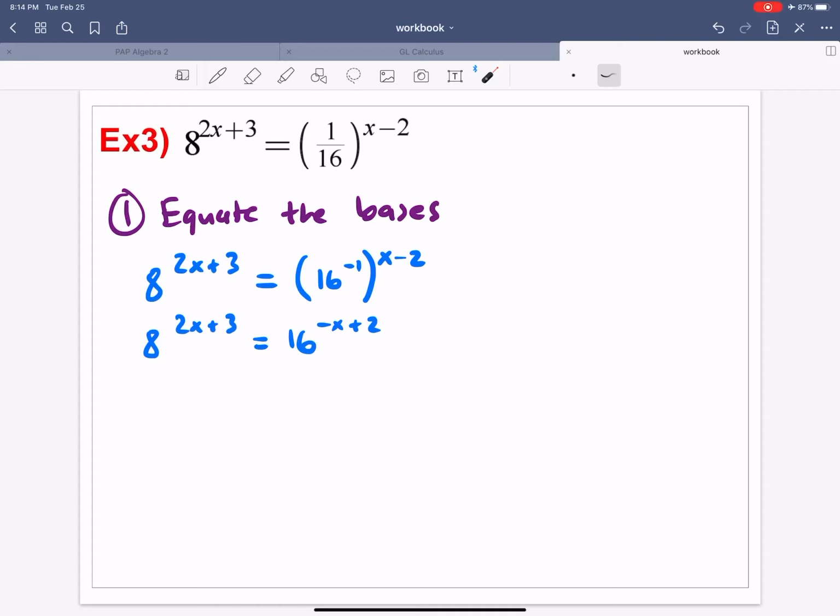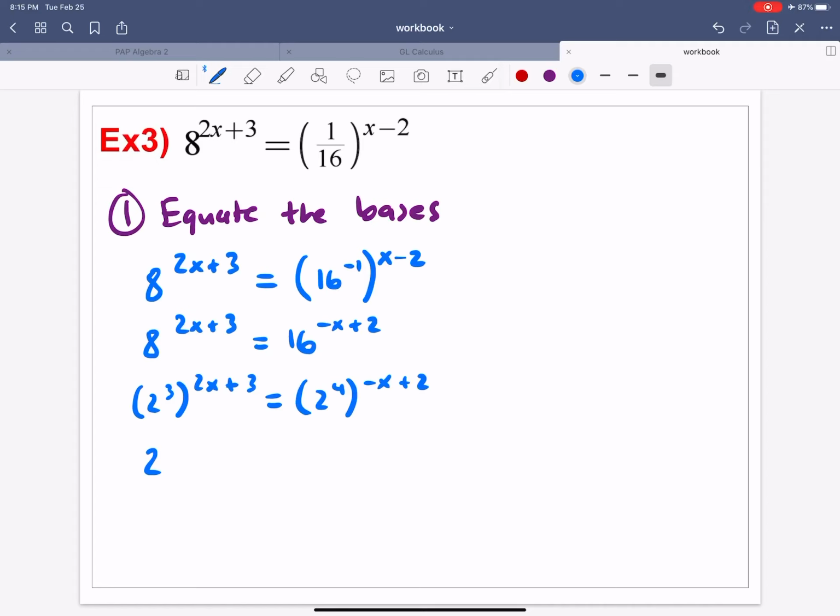You can figure out pretty easily that you can rewrite each of those as a power of 2. So 8 we can rewrite as 2 to the 3rd power to the 2x plus 3. And 16 is 2 to the 4th power to the -x plus 2. So now that we've got those equated, let's multiply those exponents together.